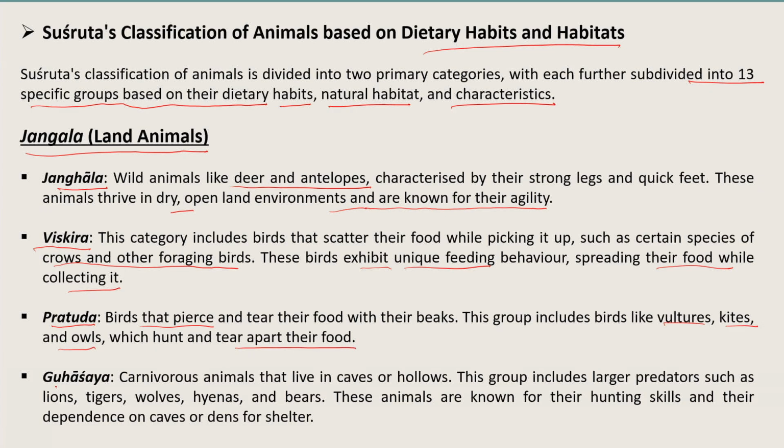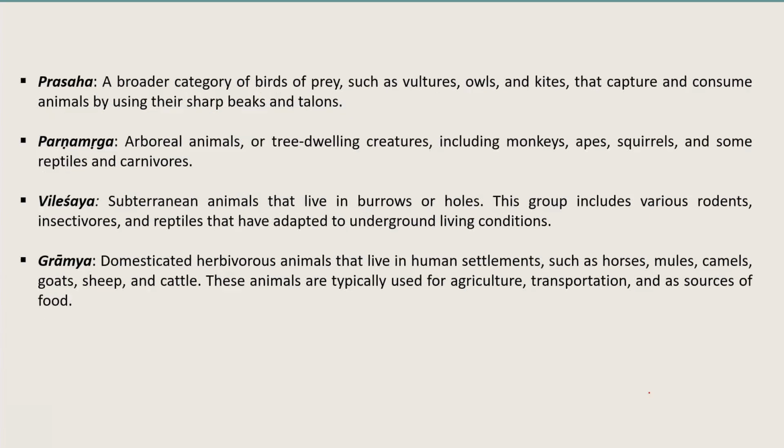Next is Guhasya, carnivorous animals that live in caves or hollows. This group includes larger predators such as lion, tiger, wolf, hyena and bears. These animals are known for their hunting skills and their dependence on caves or dens for shelter.